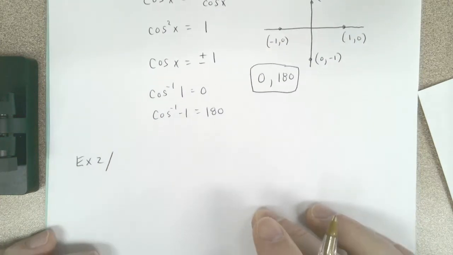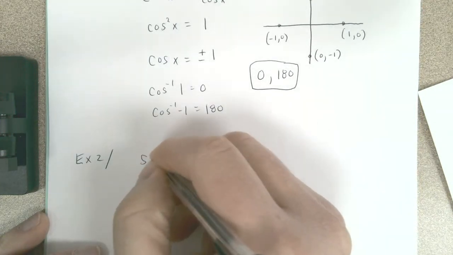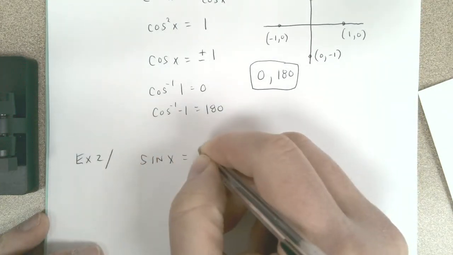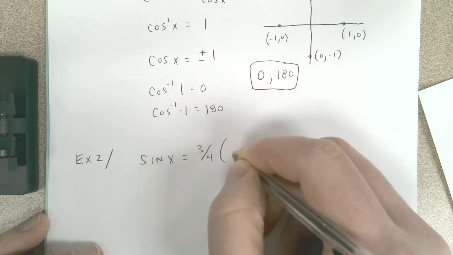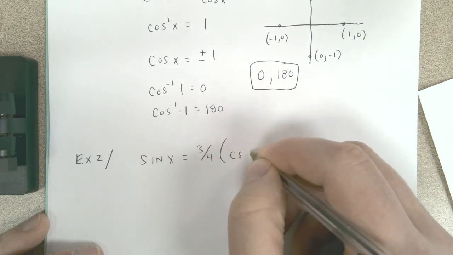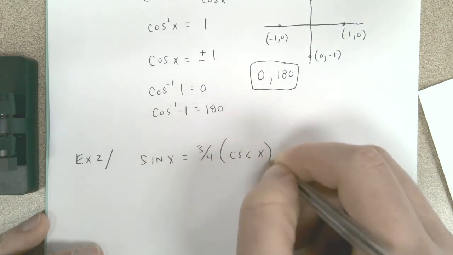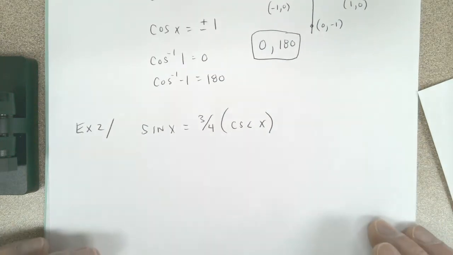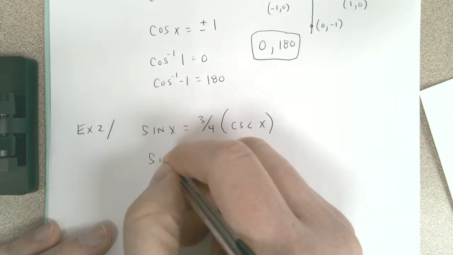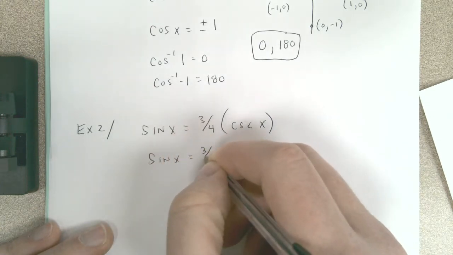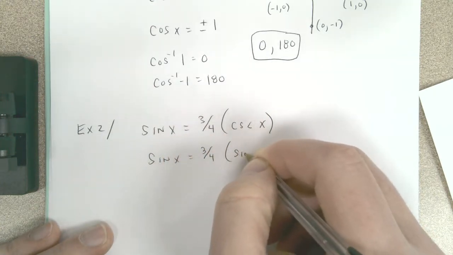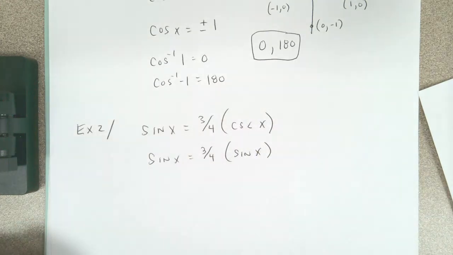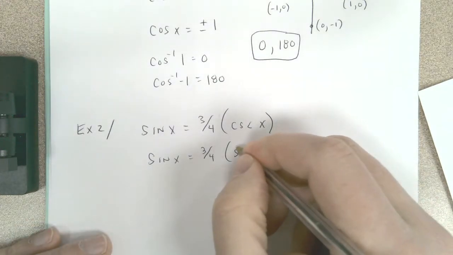Example 2, let's say we have sine x equals 3/4 cosecant x. So again, I'm going to change the cosecant to a sine. So sine x equals 3/4, it's actually 1 over sine x.